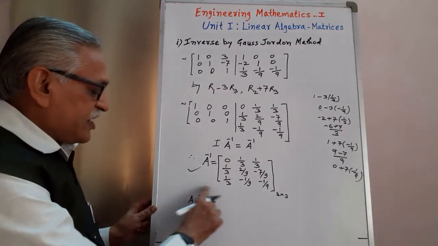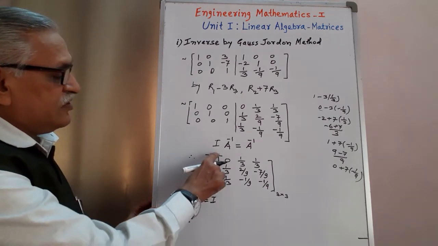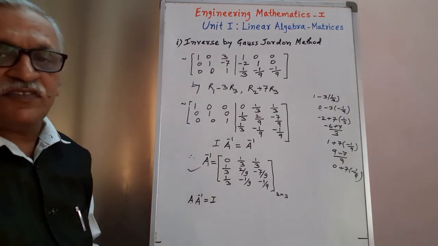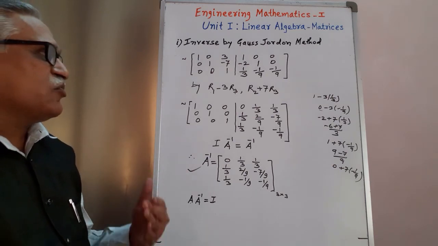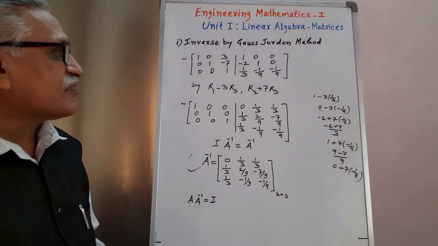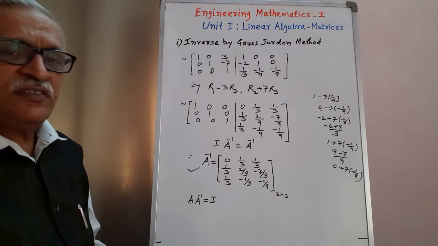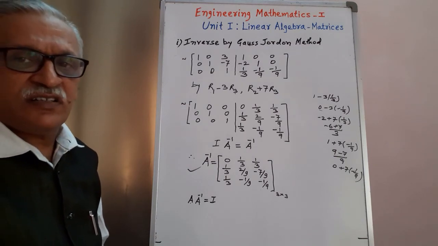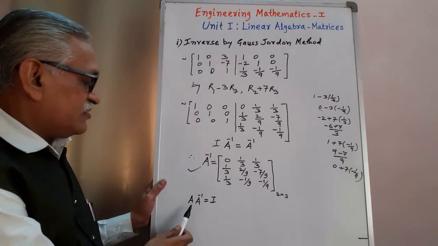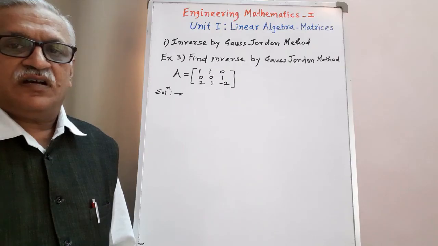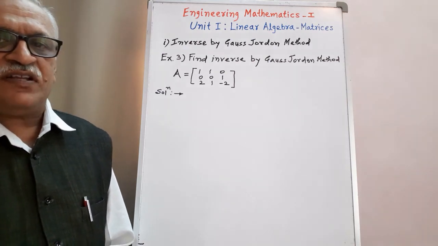If this property is satisfied, we can say that the obtained answer is the correct one. In matrix, in almost all the points, we can cross check the answer by applying the properties. Therefore, let us see one more example.